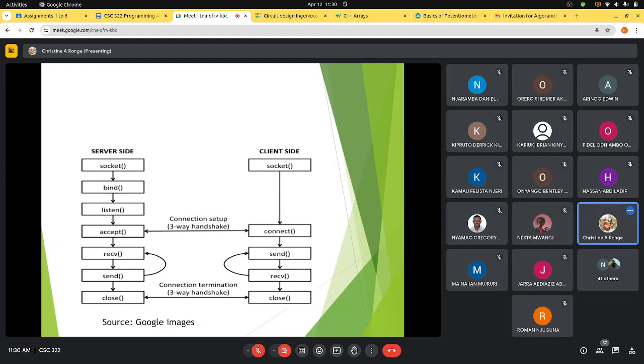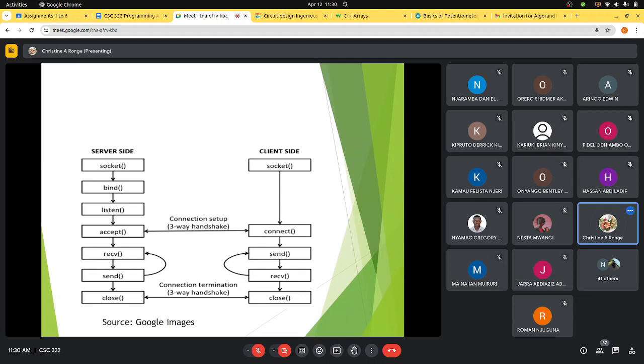Now, notice that the close command is done by both the server and the client, because they both have to use that command to tell the transport layer that they are finished communicating and they want that connection closed. But usually, one side has to initiate it.